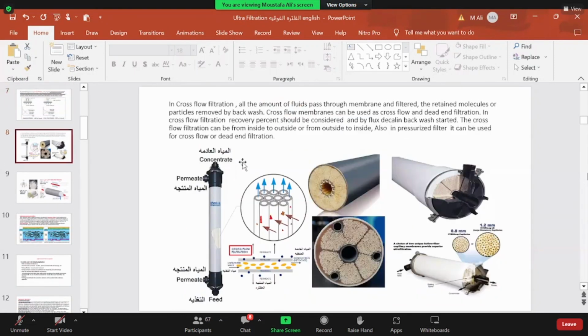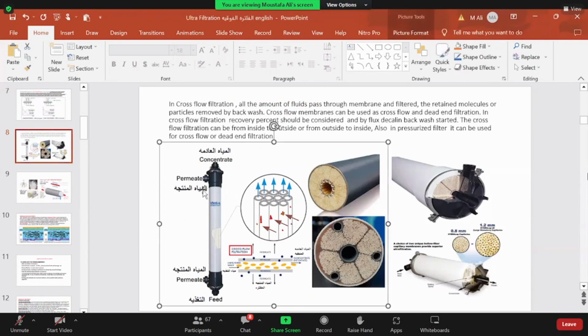Here in this figure, we can see there is a feed side and the concentrate or retentate side. The flow comes in this direction from feed to retentate side, and at the same time, the permeate or filtrate goes out from the upper and lower outlets.